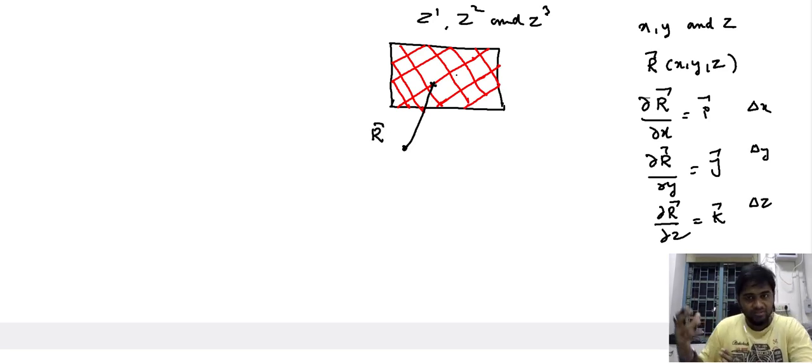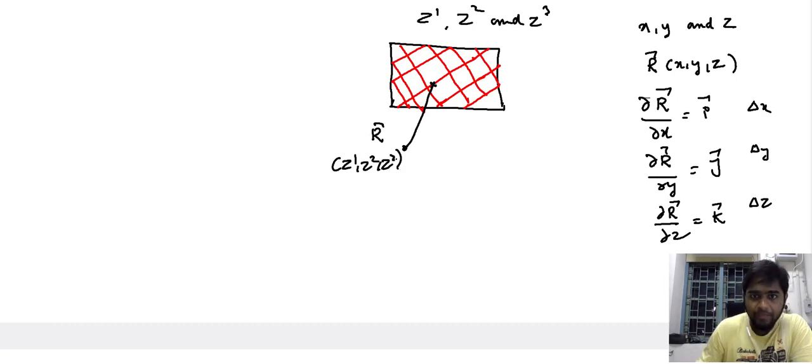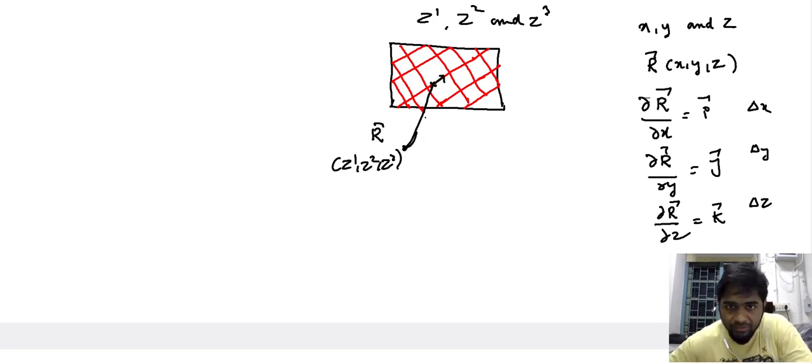We describe a point in the domain defined by the coordinate system z1, z2 and z3 using a position vector, and this position vector is therefore dependent on z1, z2 and z3.